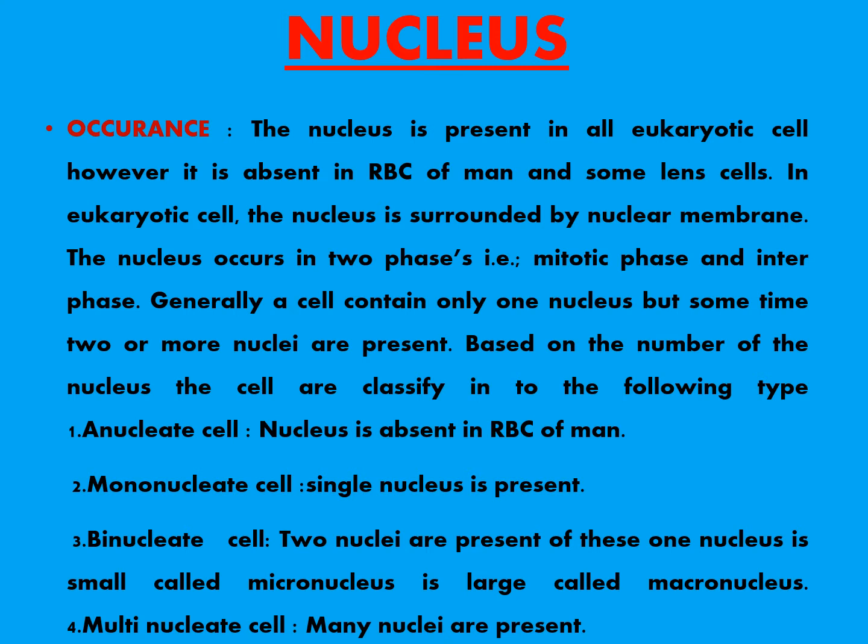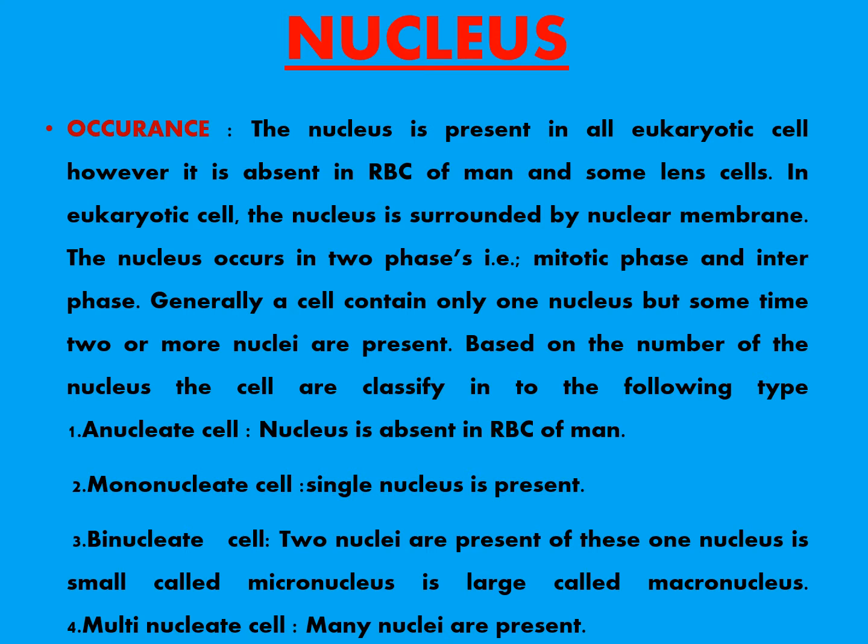On the basis of the number of nuclei, the cells are classified into the following types. If the nucleus is absent, that cell is called an anucleate cell. If the cell possesses a single nucleus, then it is called a mononucleate cell.